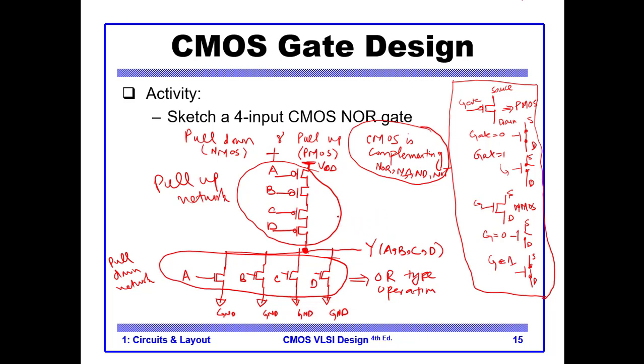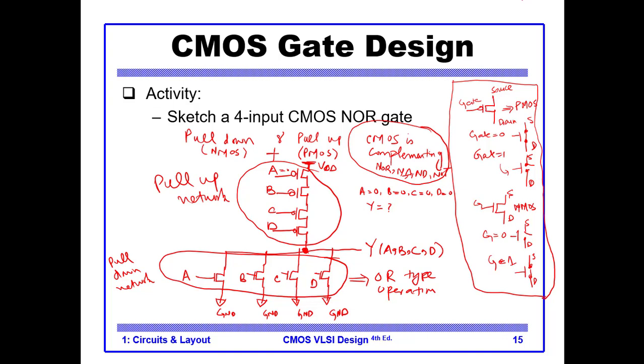So how you can confirm that this is a NOR gate? You can apply the inputs, all the inputs A, B, C, and you can check the result. For example, let's say that if A is 0, B is 0, C is 0, and D is 0, what is the value of Y? We can check.